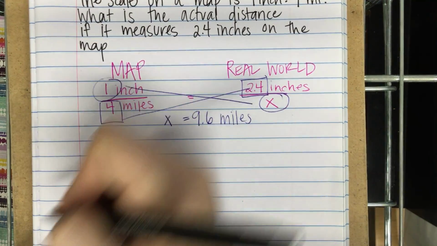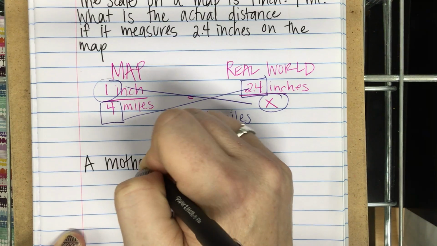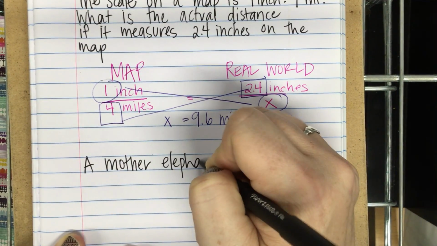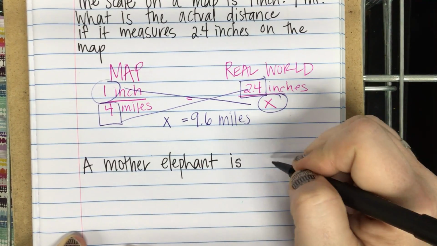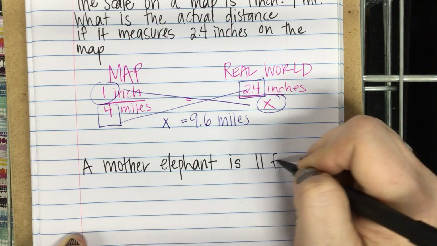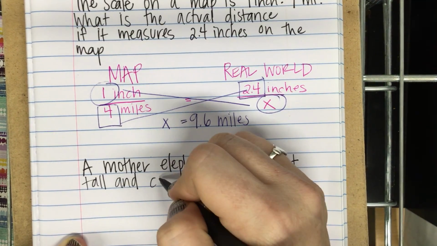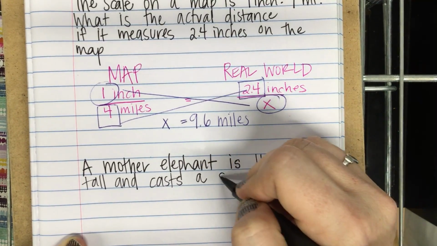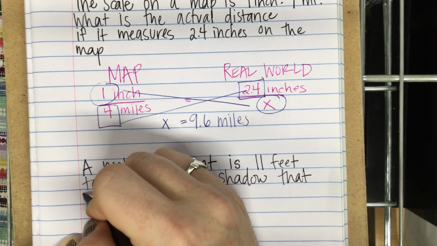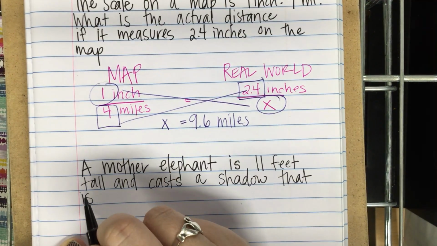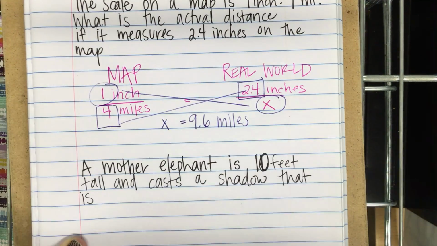If I say a mother elephant weighs like 500 pounds, is 11 feet tall and casts a shadow that is... I'm going to change this to 10 feet because I don't like the number 11.